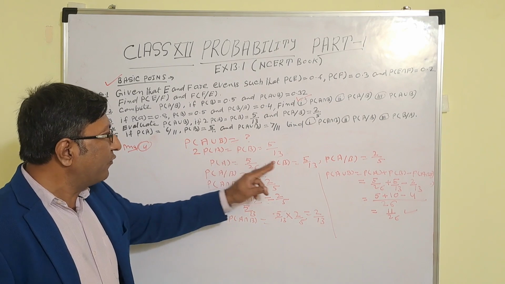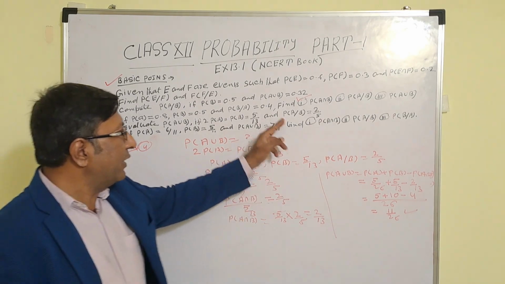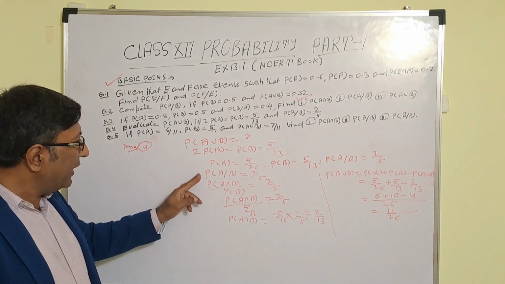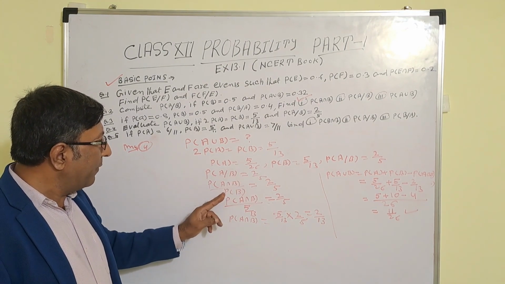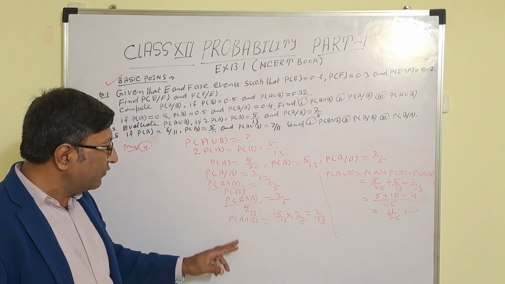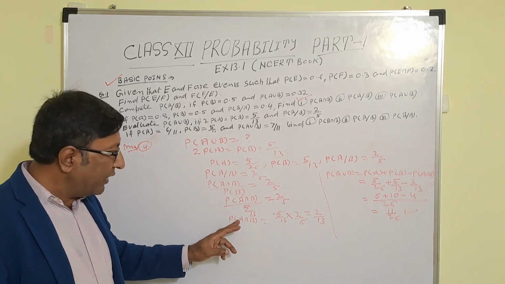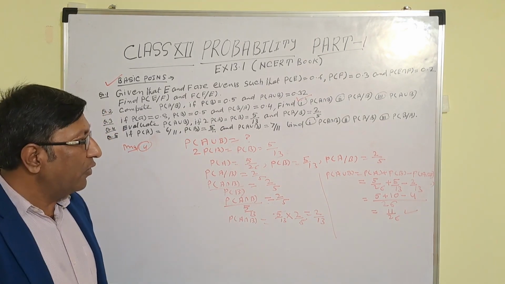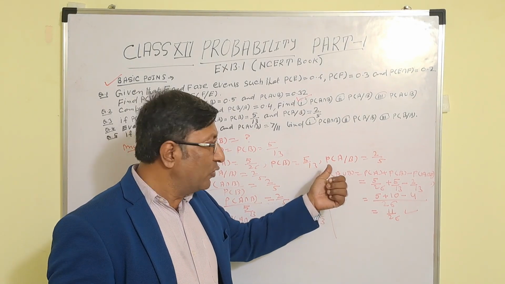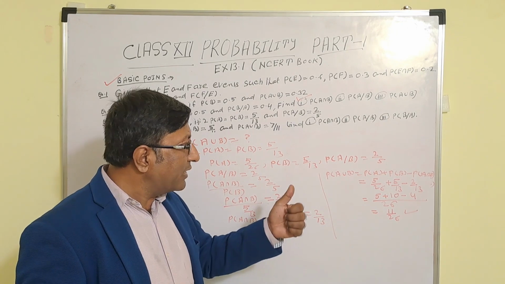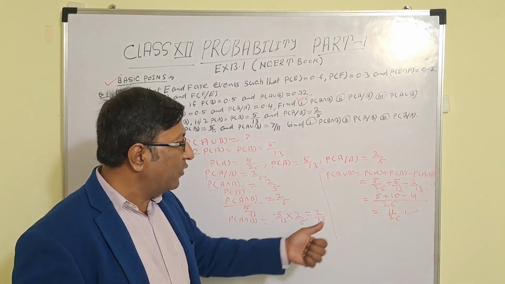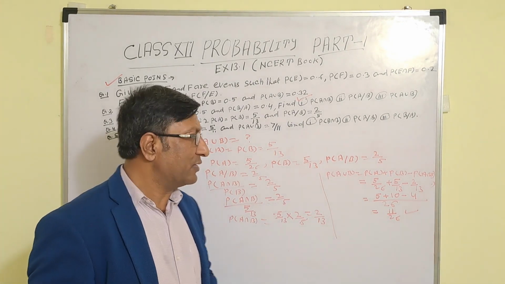Probability of B is already 5 by 13. Probability of A given B is 2 by 5. So we know the formula, A intersection B upon P of B. With the help of this we will find probability of A intersection B. Now for probability of A union B, we know the formula: probability of A plus probability of B minus probability of A intersection B. So put the values and find your correct answer.